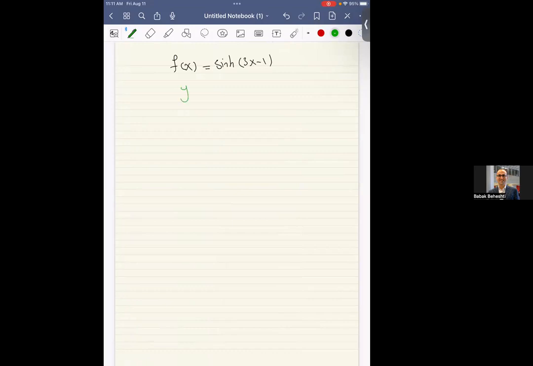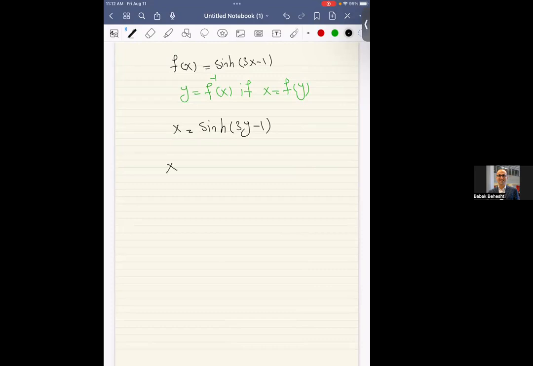We know that y = f inverse of x if x = f(y). So that means here x = sinh(3y - 1). And then I have to write y in terms of x. So I have to solve for y. That's what I need to do.